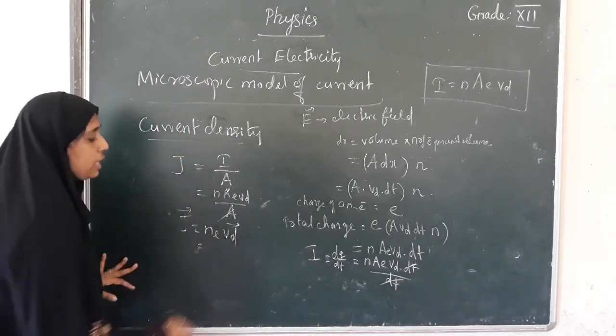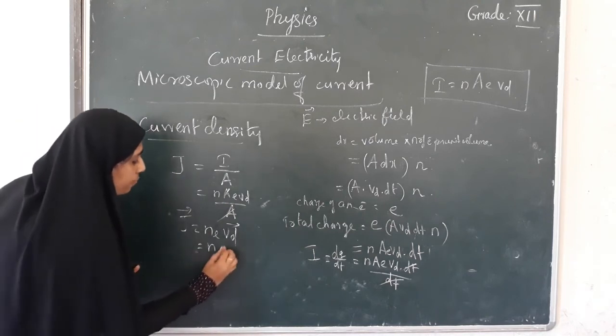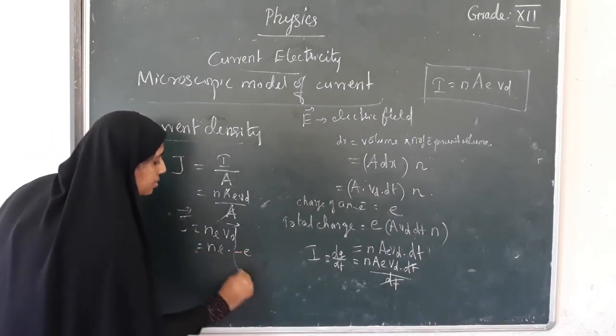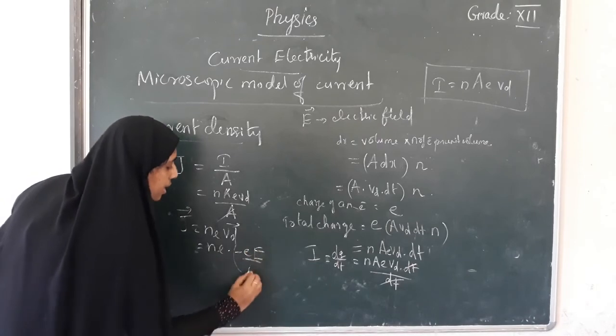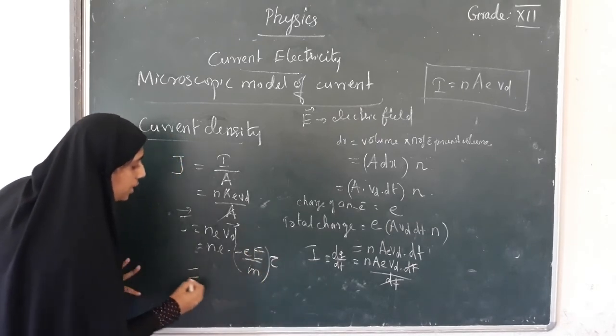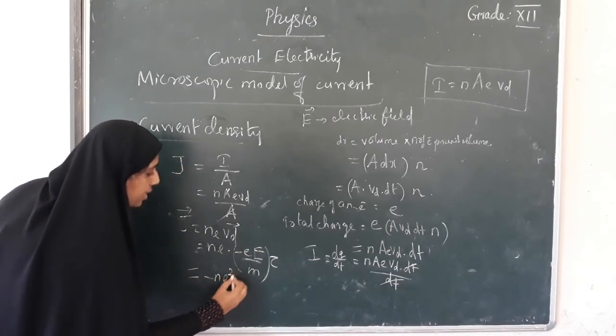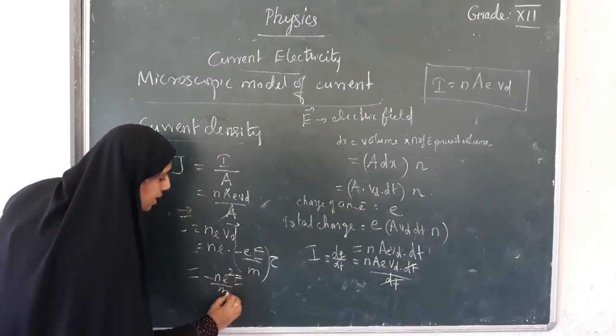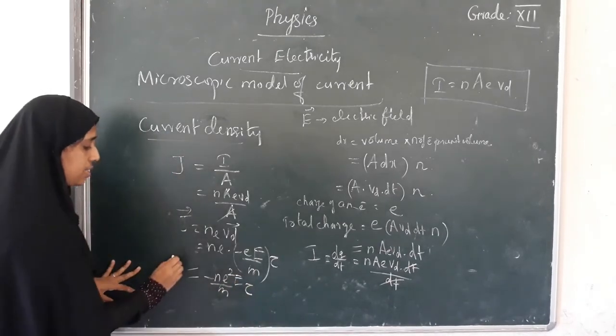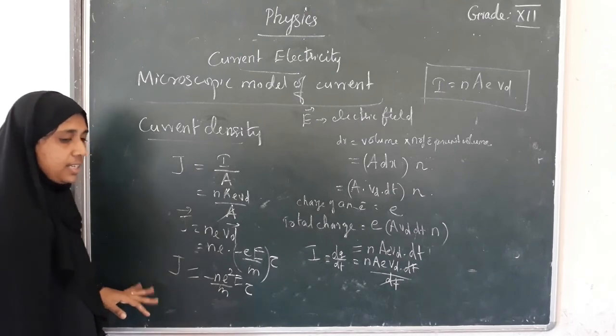If you substitute the value of Vd, what is Vd? Minus e E by m into tau. So, we will get minus n e square E by m into tau. This is current density.